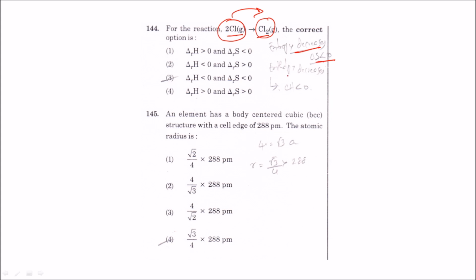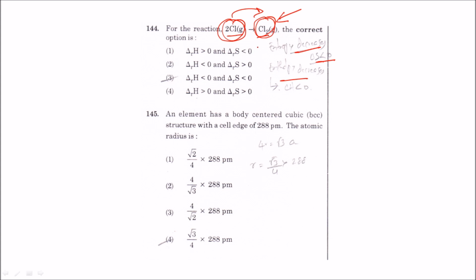Now what happens to the enthalpy? If you compare the stability of chlorine in the atomic state and molecular state, the molecular state is more stable compared to the atomic state, right? So the chlorine molecule, the product, should have more stability, and more stability means less energy.